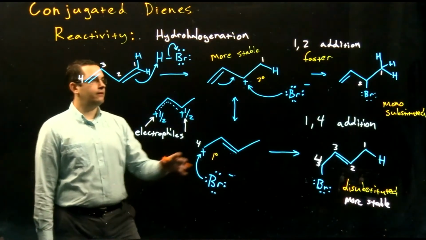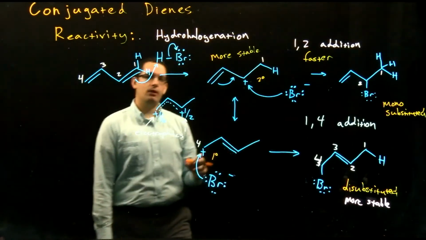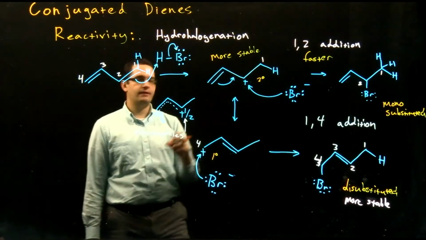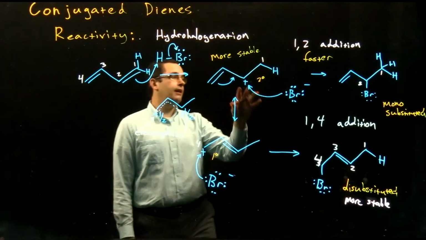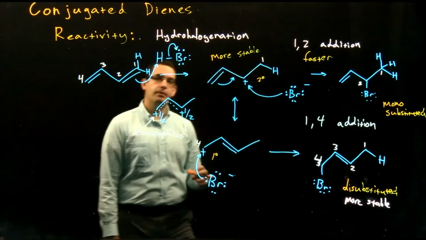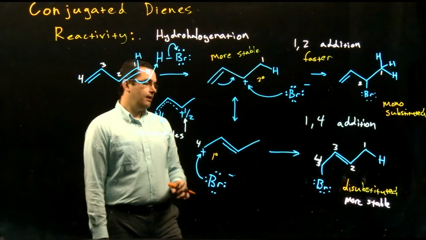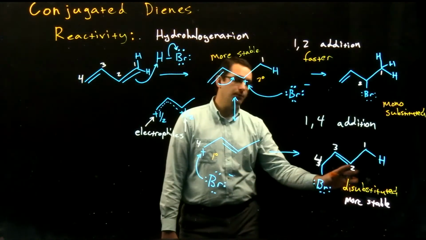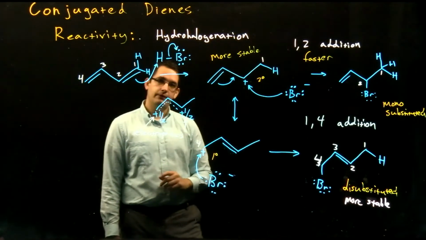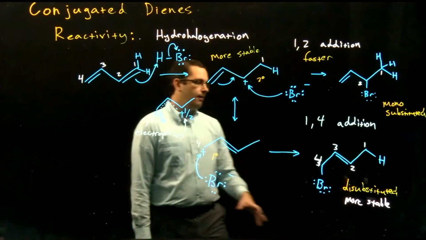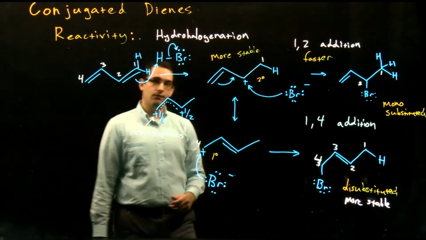So when we say that this is more likely to be produced because of our secondary carbocation intermediate, what we're really saying specifically is that our reaction to make this will be faster. Now again, over here we already said this is more stable. So this reaction will be slower because it goes through our less stable intermediate, but it gets the better product overall.